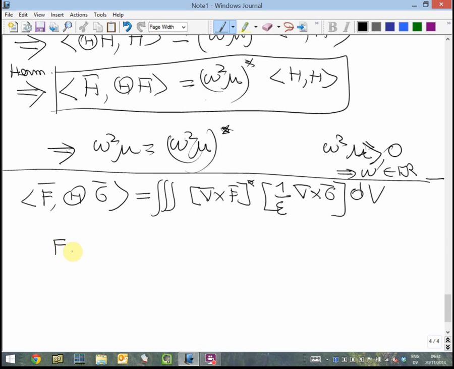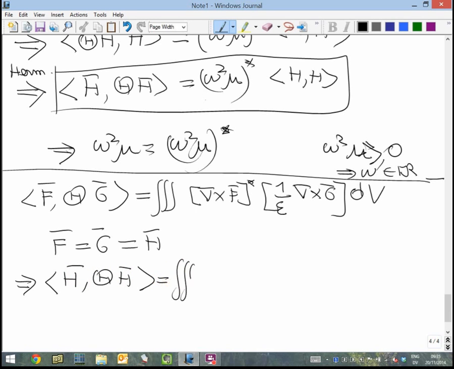If we now say, okay, I will pick my f equal to my g, namely to my magnetic field H, if I make all of these substitutions, then what do I get? I get that the scalar product of H with theta of H is equal to a volume integral of 1 over epsilon, and then I have the curl of H and the curl of H complex conjugate. They of course conspire to give me the curl of H magnitude squared dV.